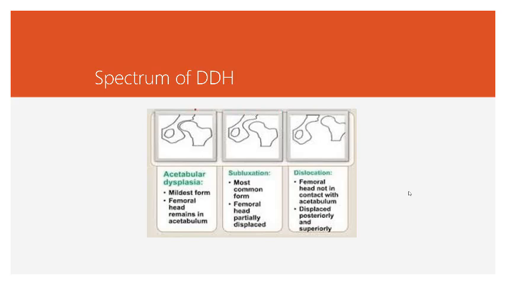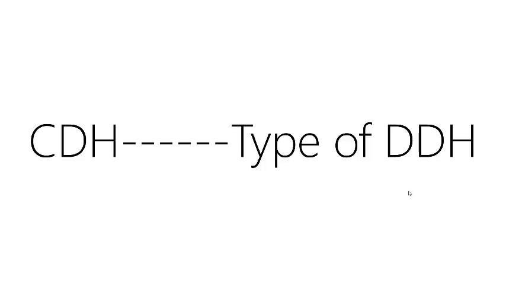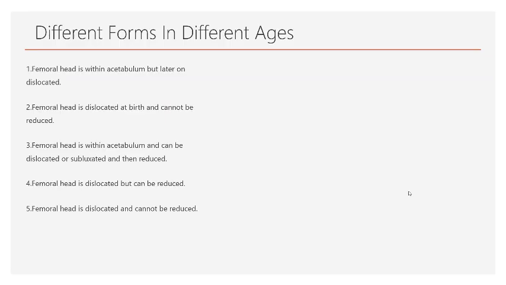Sometimes at birth, the hip joint is unstable, that it can be dislocatable or subluxatable, but with the passage of time, this unstable hip becomes stable. So there are different entities, different forms at different ages. That's why it is called a spectrum of disorders.